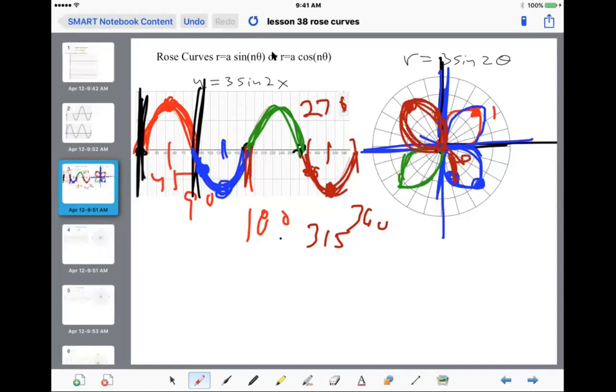Let me bring up a thing so we can watch it get drawn. I think I have a link to this for you. If not, I will add one in. I need Mr. Stir's thing. Where is it? Hold on a second.